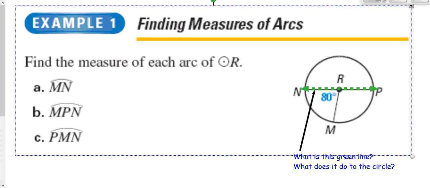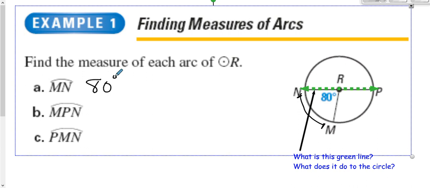As we go through, we want to talk about what the measurements are for these types of situations. If I look at the measure of arc MN, that's this arc located out here, I notice it's 80 degrees, so the central angle is the exact same as the arc measure that it goes with.